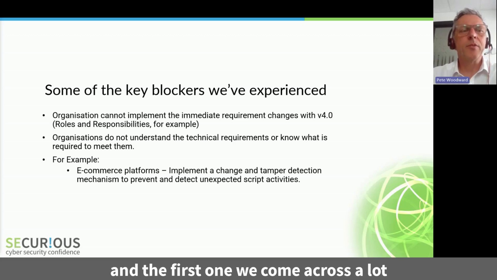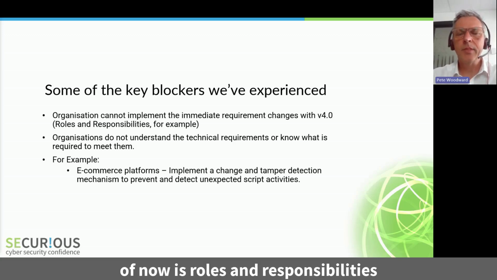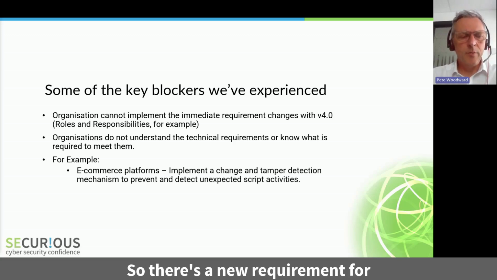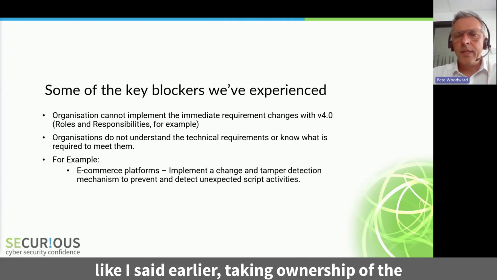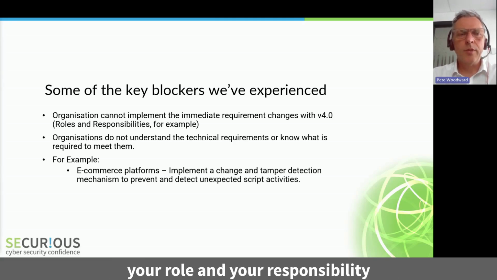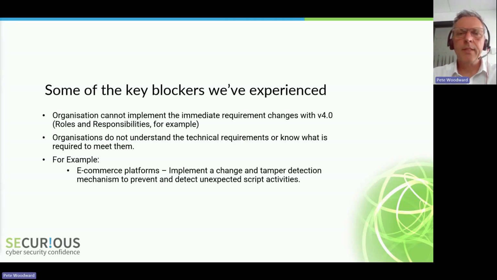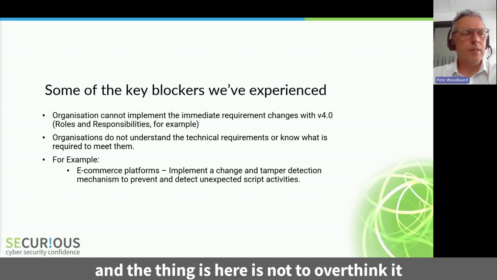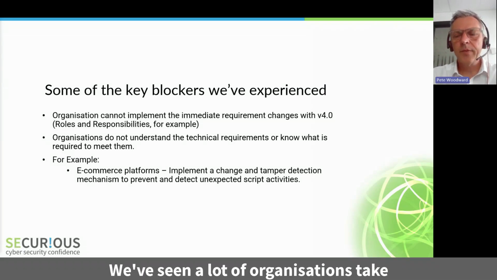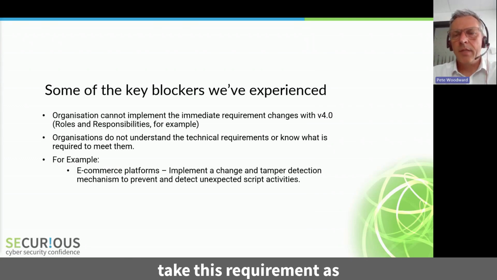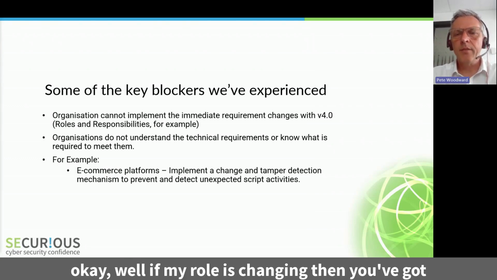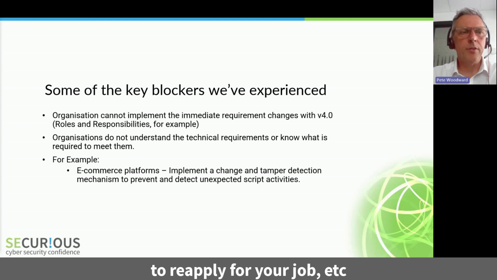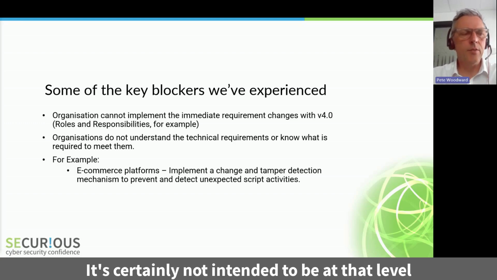And the first one we come across a lot now is roles and responsibilities. There's a new requirement for, like I said earlier, taking ownership of your role and your responsibility. And the thing here is not to overthink it. We've seen a lot of organisations take this requirement as, okay, if my role's changing, then you've got to reapply for your job, etc. It's certainly not intended to be at that level.